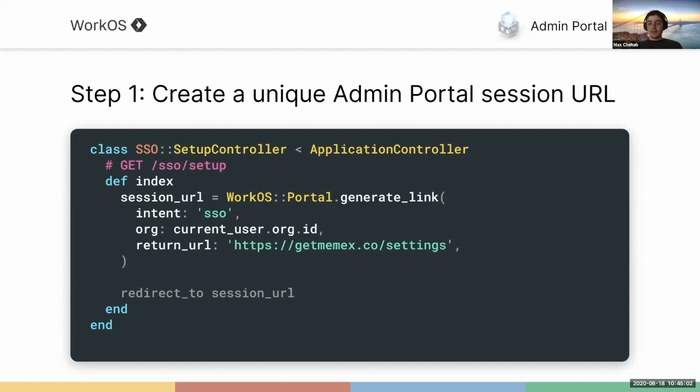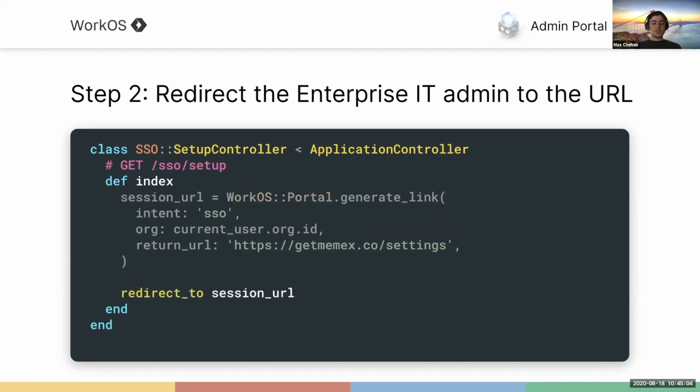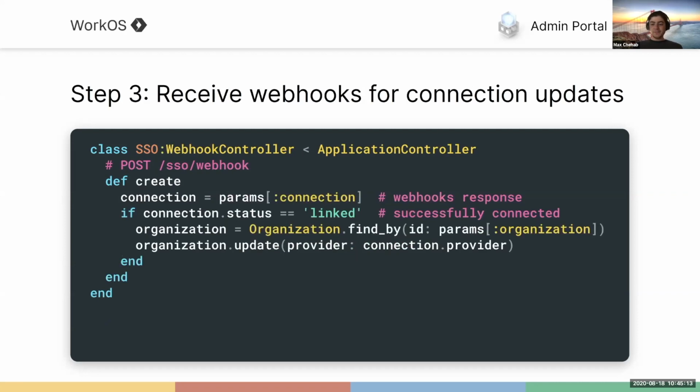And then the next step, all we do is just redirect to the session URL. That's a simple one-liner in Ruby, as you all may know. And then finally, we are configuring our webhook controller here. So we receive a connection, and we check if the status is linked. Linked means that it's ready to go. It's been tested already.